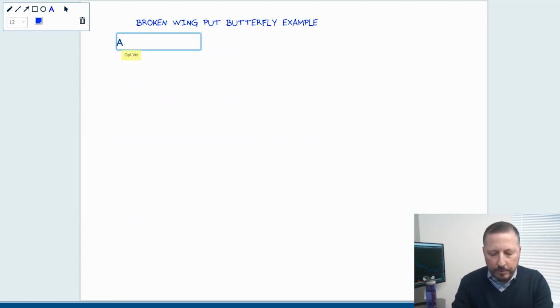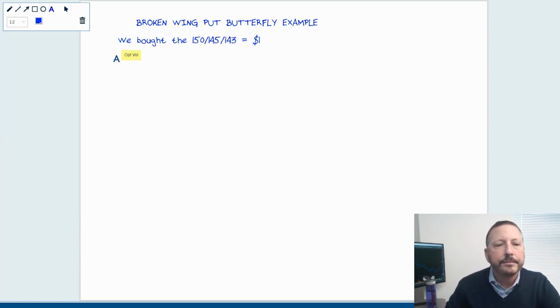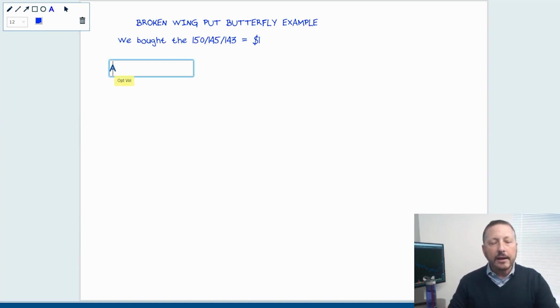So let's say we bought the 150, 145, 143, and we paid $1. Anything above 150 at expiration, what's this thing going to be worth? It's going to be worth 0, right? Because all the options are going to be worthless.